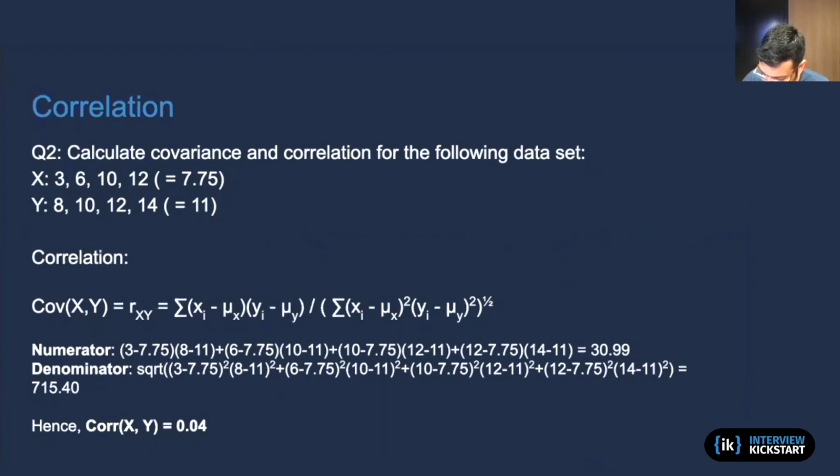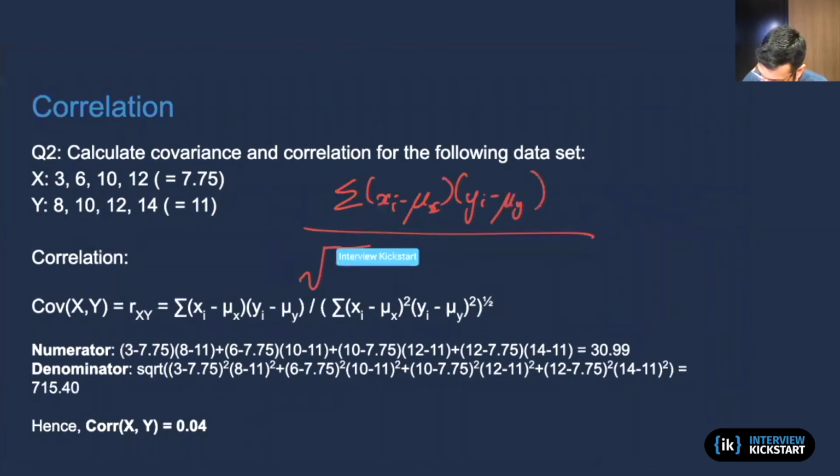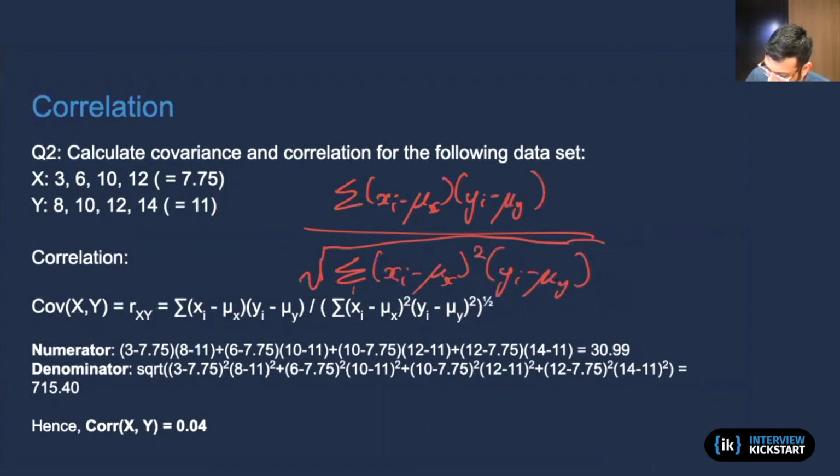Let's rewrite the formula over here so that it's more neatly written: the sum of (xi minus mu x) times (yi minus mu y), divided by the square root of the sum over i of (xi minus mu x) squared times (yi minus mu y) squared. And this, if we were to compute it, gives us a correlation coefficient of 0.04. And that's a pretty low correlation coefficient.